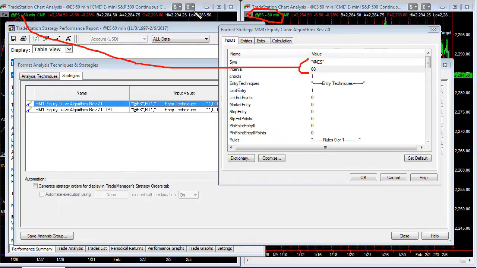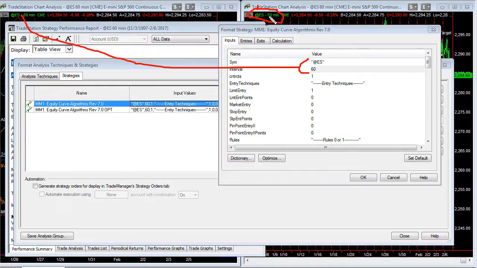If we wanted to trade an ES strategy on the TF, E-mini Russell, or the E-mini Dow, or bonds, or crude oil, or gold, we could trade any symbol we wanted based on the rules on the left. But in general, we're trying to improve our strategy. So in general, the symbol will typically be the same symbol. And the interval will typically be the same interval or lower.